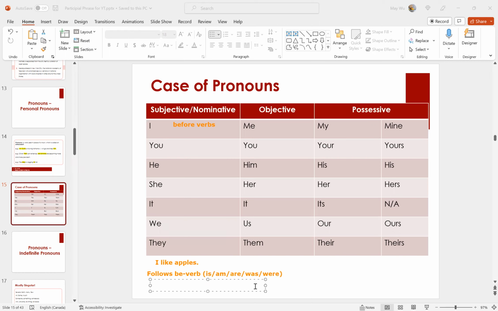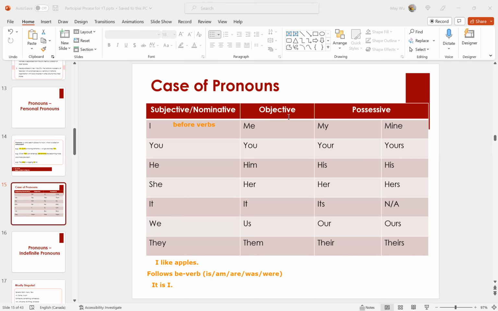So most people would say, oh, it's me. I did it. However, the correct grammar would be it is I, because is is a be verb, so you have to use the subjective case, right? So I know it doesn't sound right, but when you're writing maybe an academic paper, just keep that in mind. And it has appeared on the SAT exam before.